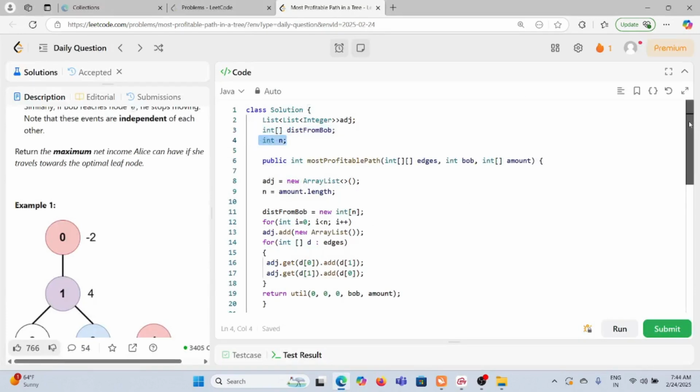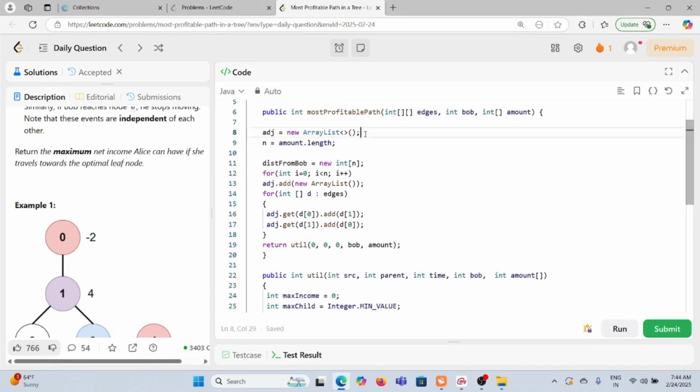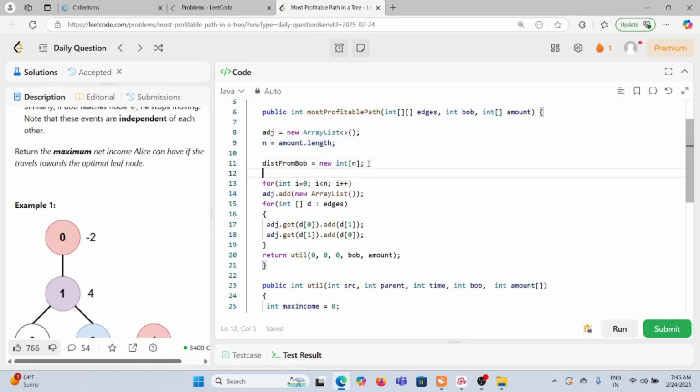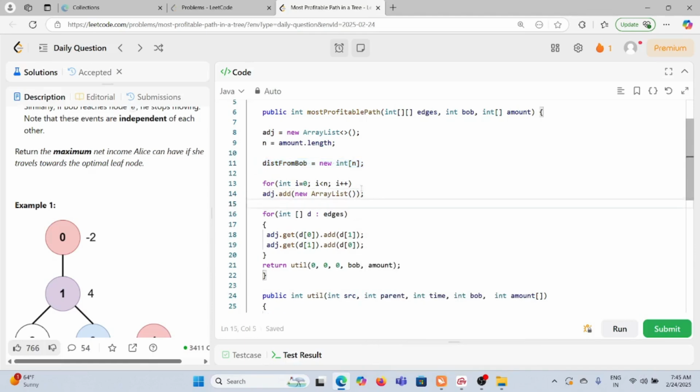Now see what we are doing: first we initialize the adjacency as an array list, and amount.length equals n. This is our distance from Bob, and initially we have put n here. In this for loop we are initializing the adjacency with a new array list for every node, because this is a list of lists.